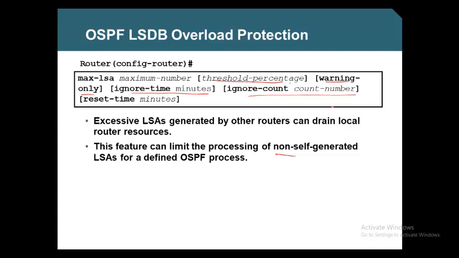Anyway, what I'm trying to say is, first of all, I have not seen people using this feature. But if a customer has only one very old router in one corner which couldn't handle the amount of LSAs coming in, you may enable this under the OSPF process.